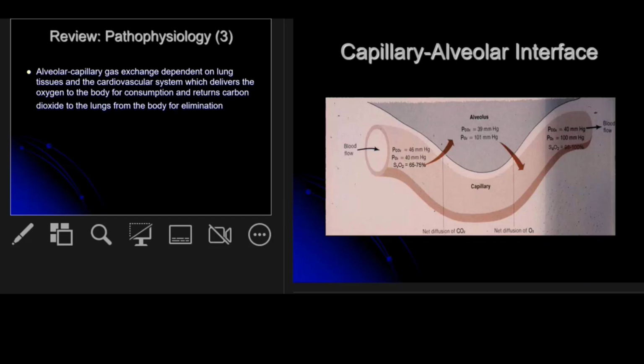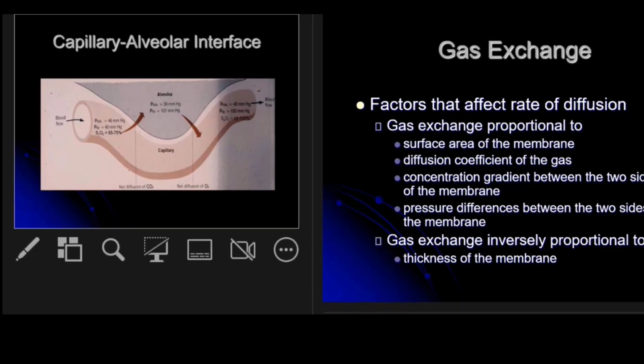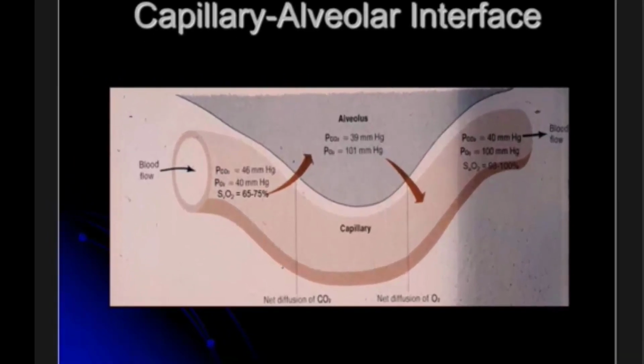If we look at a cartoon caricature of what this looks like, you've got the pre-exchange here, where your CO2 is 46, your O2 is about 40, and your saturation, or SvO2, on the venous side is normally somewhere in the 65 to 75% range.